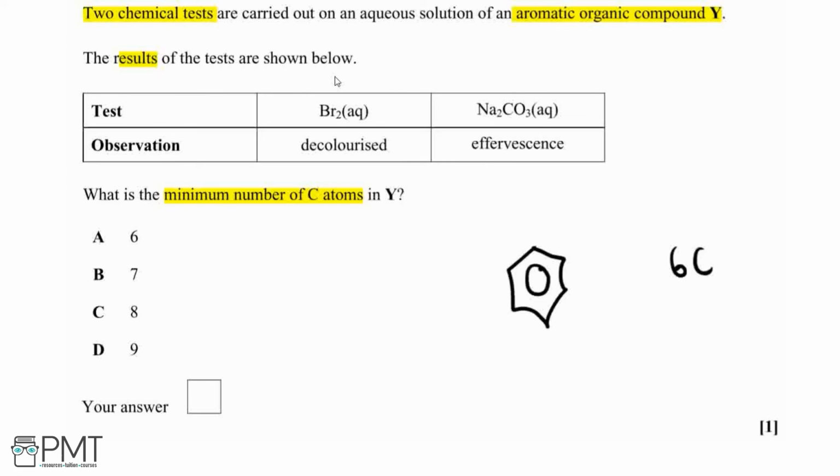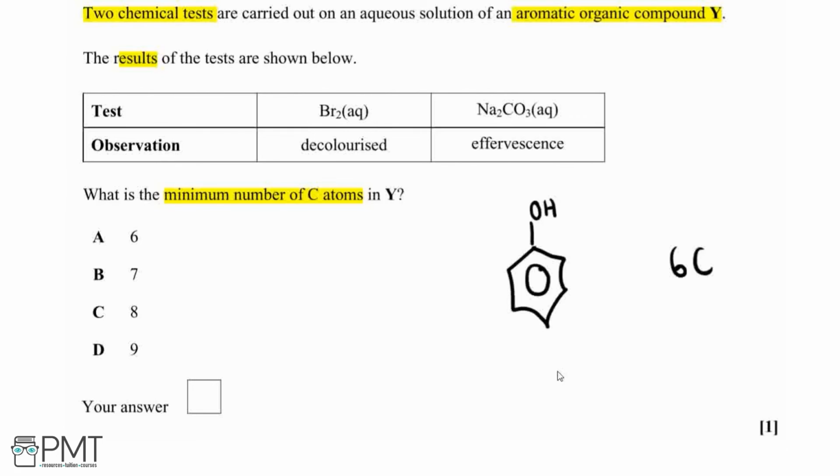But what we do know is that phenol, which has added electron density, can decolorize bromine because it can induce a dipole and doesn't need a halogen carrier. So let's add on our OH to make this a phenol here, and this hasn't added on any other carbon atoms yet.